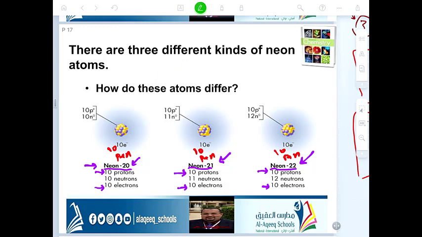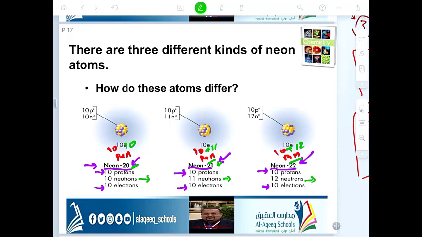How many neutrons here? 10 plus 10 to get 20. 10 plus 11 to get 21. 10 plus 12 to get 22. So the change happens in the number of neutrons: here 10, here 11, here 12. For the same element? Yes, for the same element.